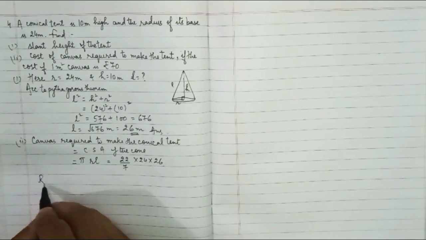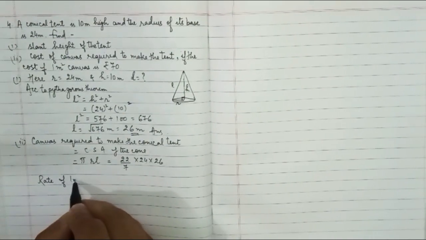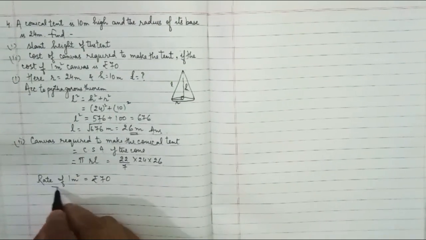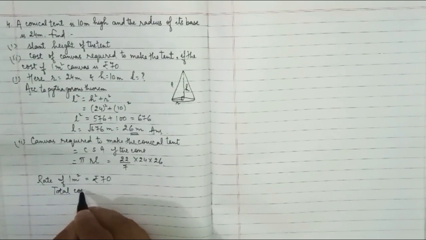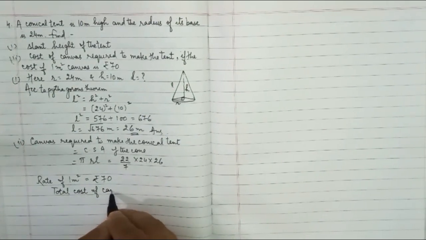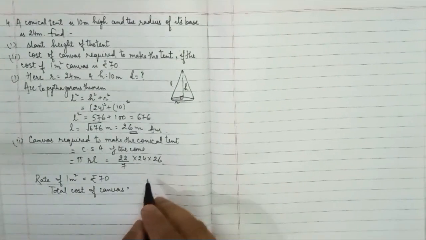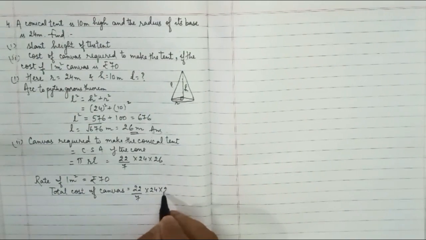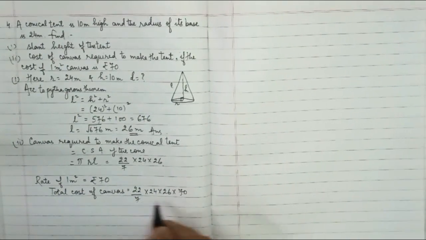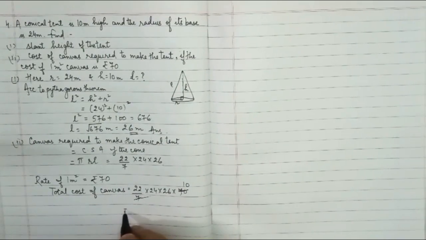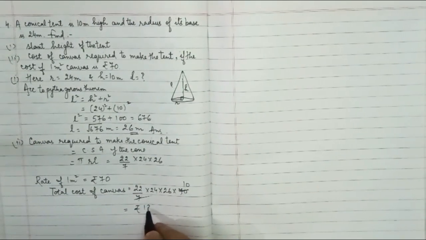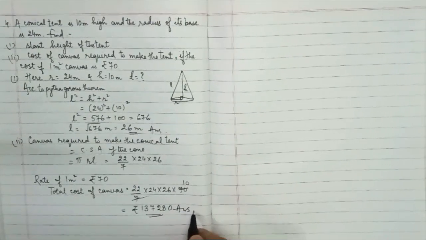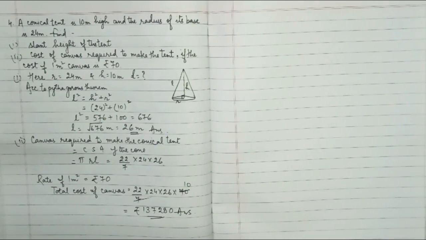We know rate of 1 meter square is equal to rupees 70. So total cost of canvas is equal to 22/7 into 24 into 26 into 70. That will be equal to rupees 1,37,280. This is the answer of the second part. Clear to all of you?